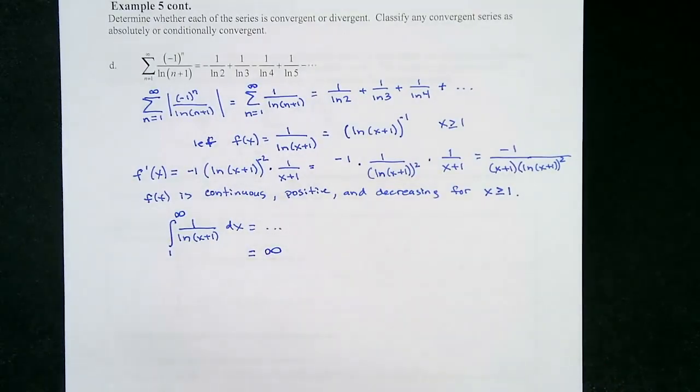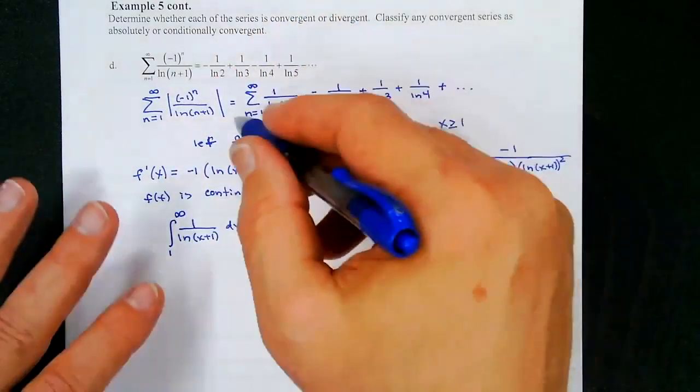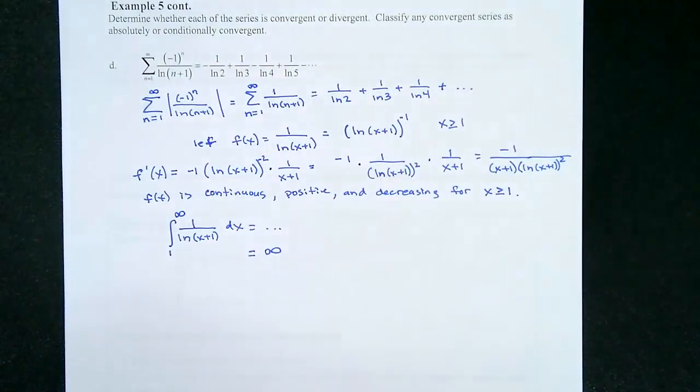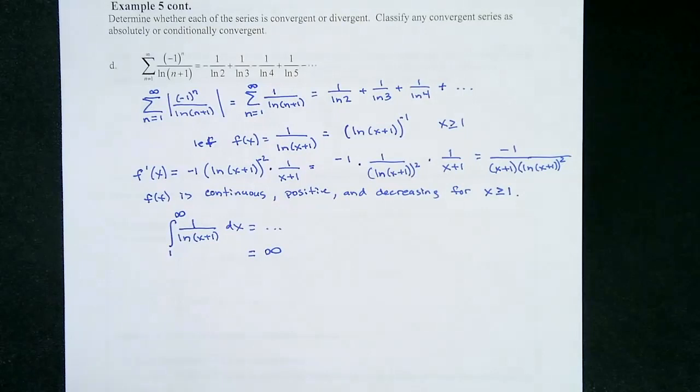So what does that mean? Remember, the integral test says whatever the integral does, the series will do the same thing. That means since the integral is diverging, the series will diverge by the integral test.